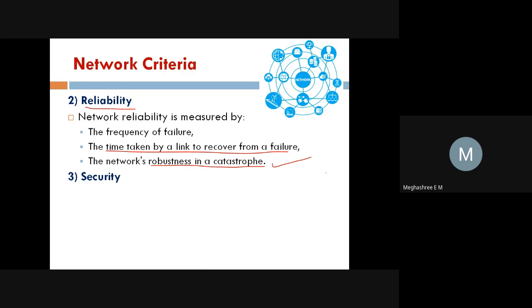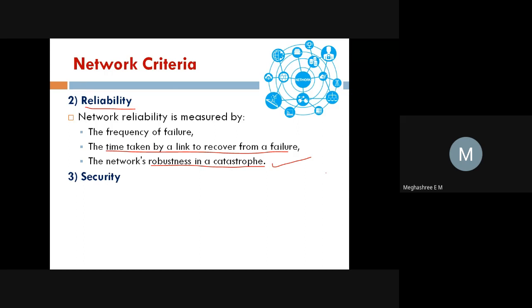Another example is online banking. If security is not provided properly over the network, then the transactions I perform over the network can be known by an intruder. So security plays a very important role in the network.